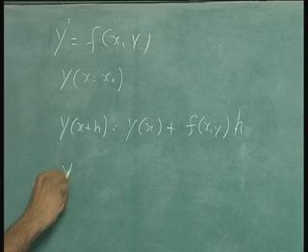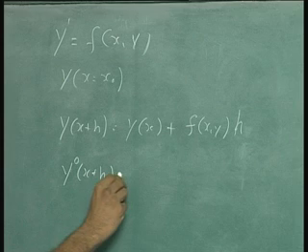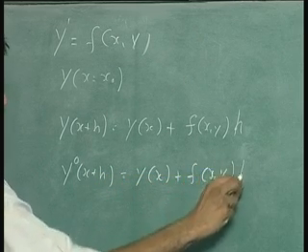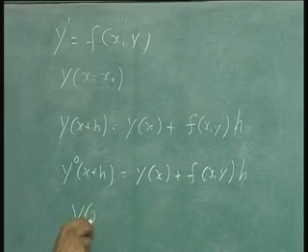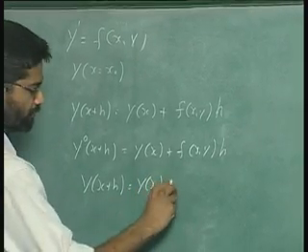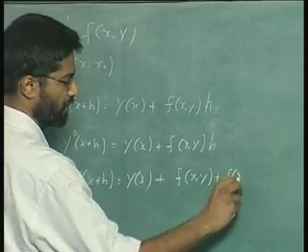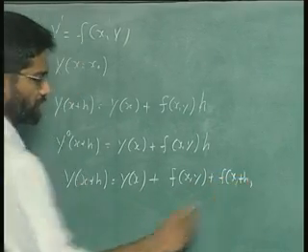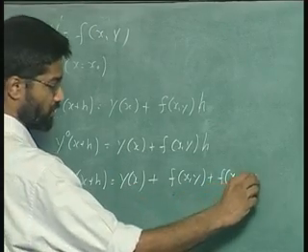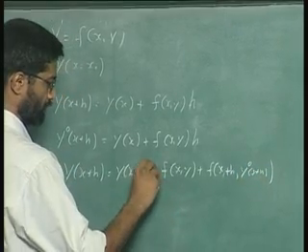Another method which we looked at was to evaluate what is called a predictor at x plus h from this scheme, and then use a corrector step to get the correct value as the average of the derivative evaluated at x and y and the derivative evaluated at x plus h and y predicted at x plus h, divided by 2.